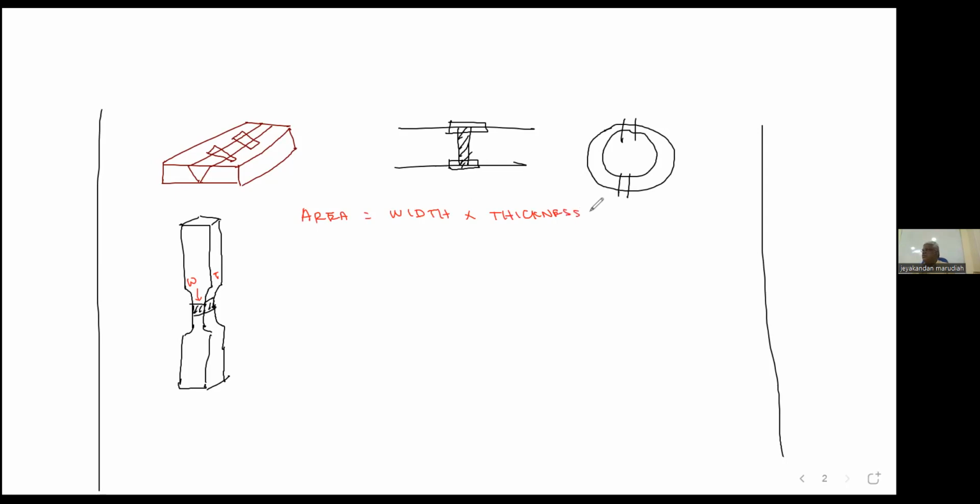Width multiplied by thickness. Now, width we are measuring in inches, thickness also in inches, so we will get the answer in square inches. Once you calculate the area, then we will pull it and break.